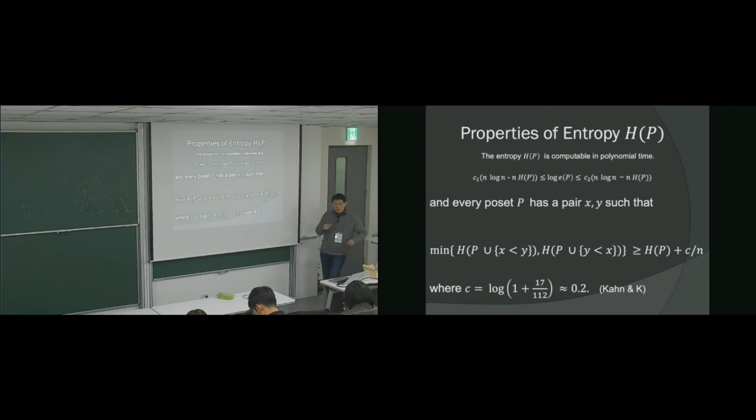So we can choose a pair that increases entropy by c over n, regardless of your answer, and this c is almost 0.2. Then we keep increasing entropy by choosing this nice pair.